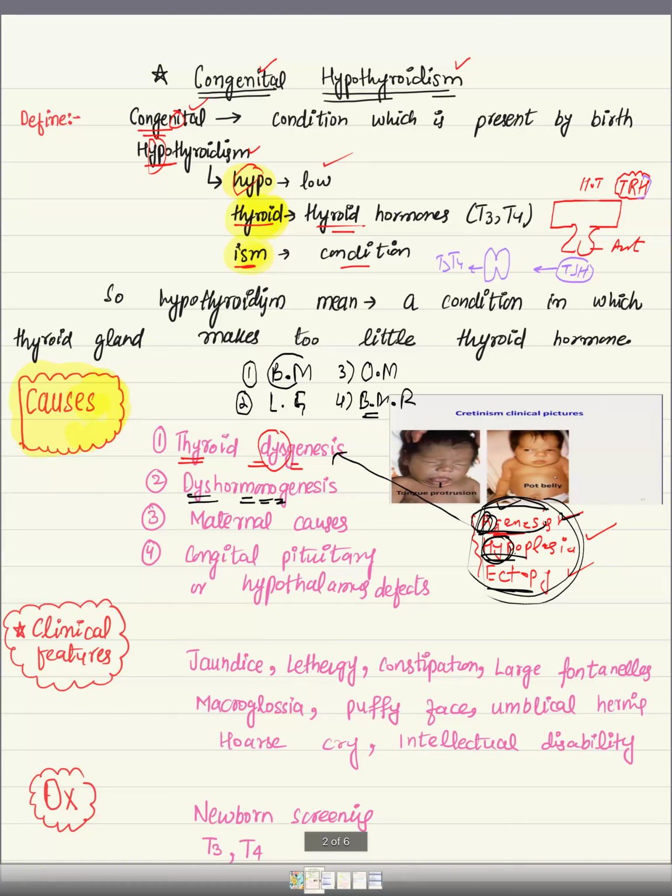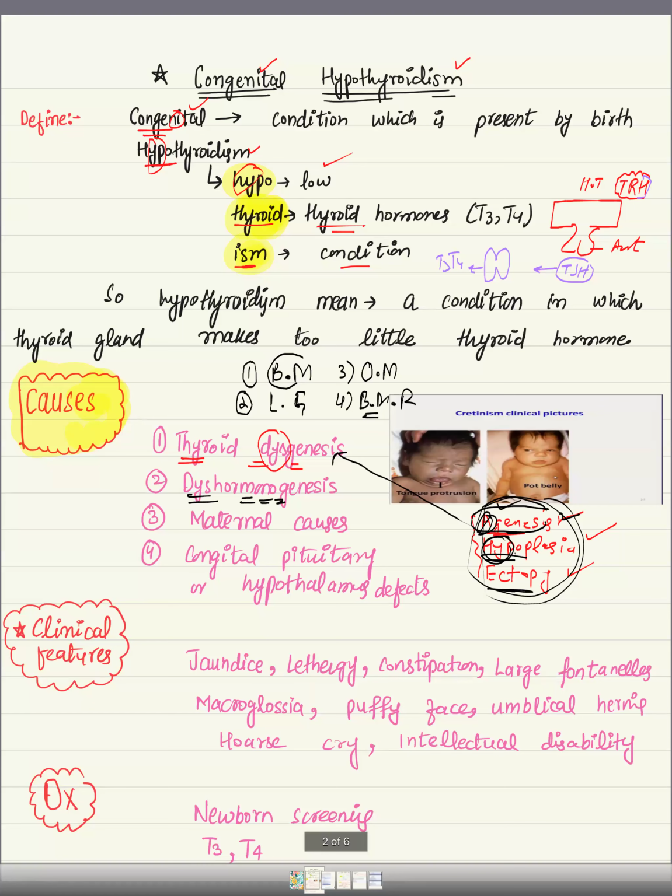But if your TRH is also low, then your TSH is low and T3, T4 are low. The problem is present in the hypothalamus. So that's why they can give you a clinical case: a baby came to you with symptoms, and you have to tell the cause. They can ask whether it is primary or secondary hypothyroidism.